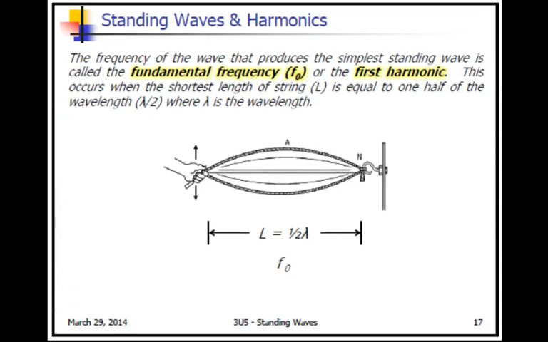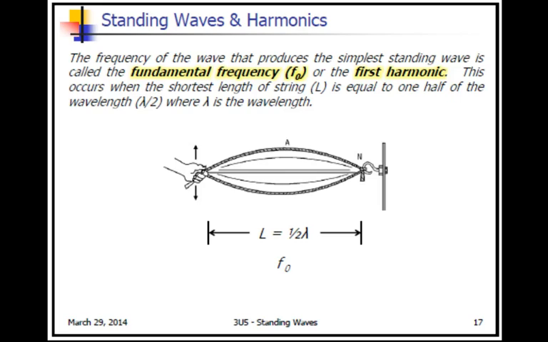The frequency of the wave that produces the simplest standing wave is called the fundamental frequency. It's also called the first harmonic, and it's given the symbol f0. This occurs when the shortest length of string L is equal to 1/2 of the wavelength, lambda over 2, where lambda is the wavelength.